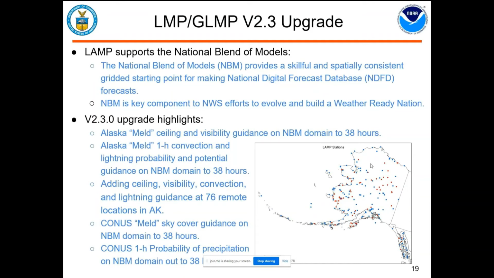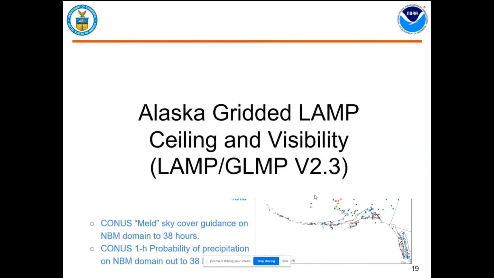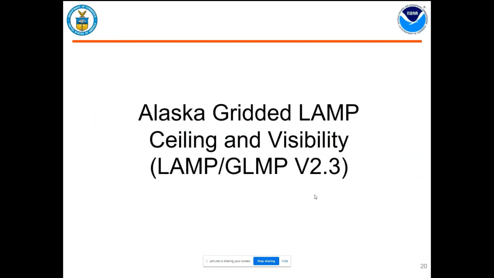You can see a little map off to the right, and the points that we're adding are in red. There's a good number there that helps us fill in some of the data-sparse areas. We're doing a CONUS MELD sky cover guidance out to 38 hours, and finally, a CONUS 1-hour probability of precipitation out to 38 hours. I'm going to briefly describe each of these next.